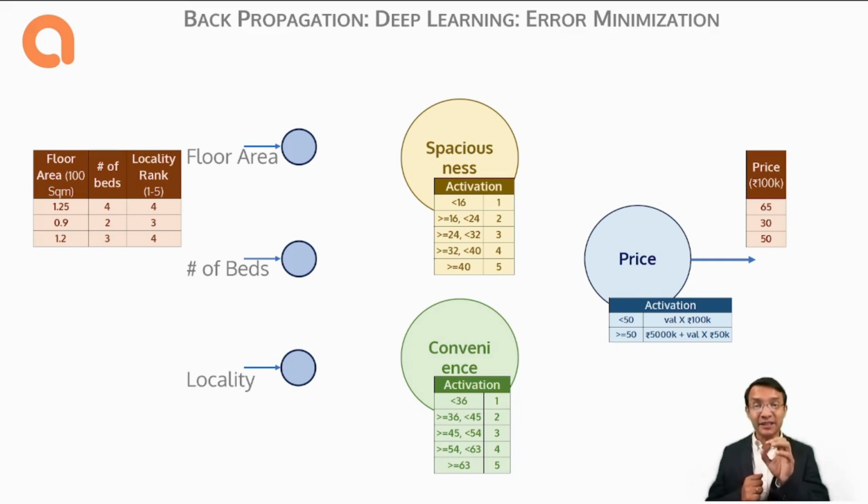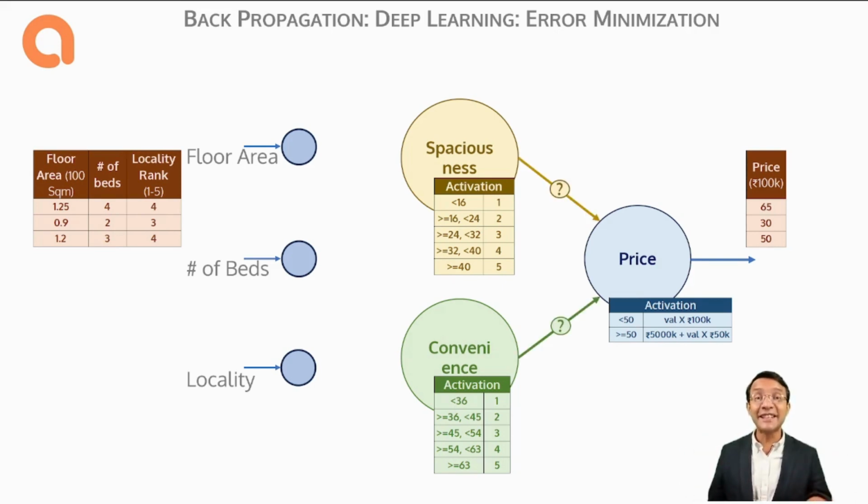And next we need to train the pattern of how spaciousness depends on floor area, number of beds and locality, and also the pattern of how convenience depends on floor area, number of beds and locality. We need to train the patterns backward from the output towards the input.